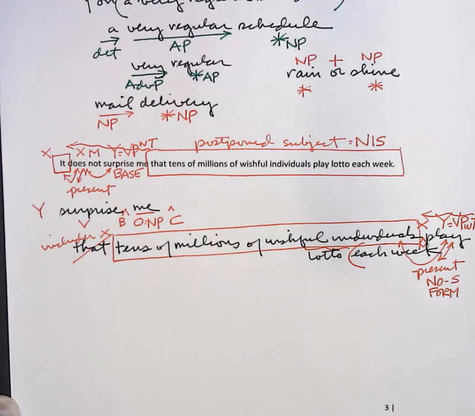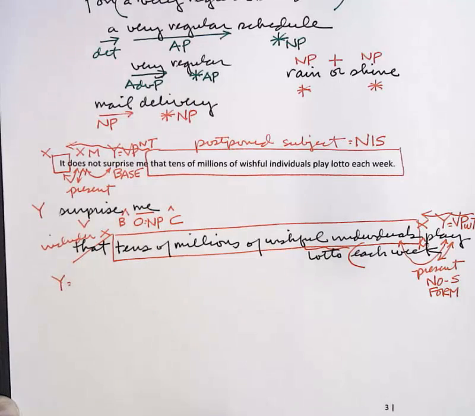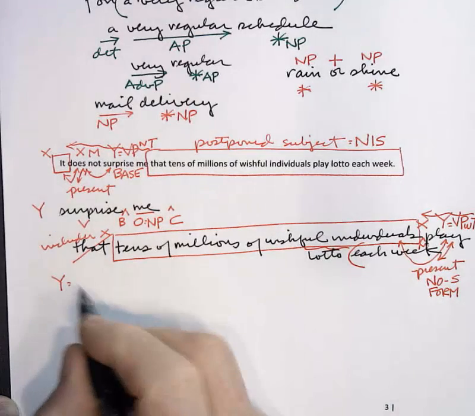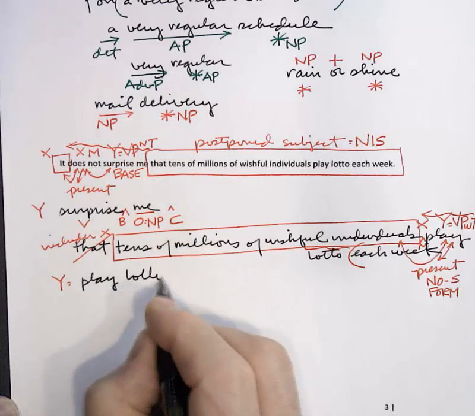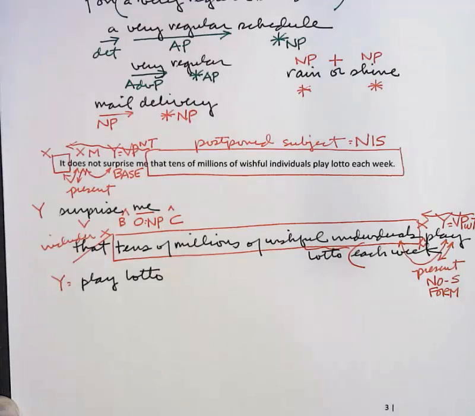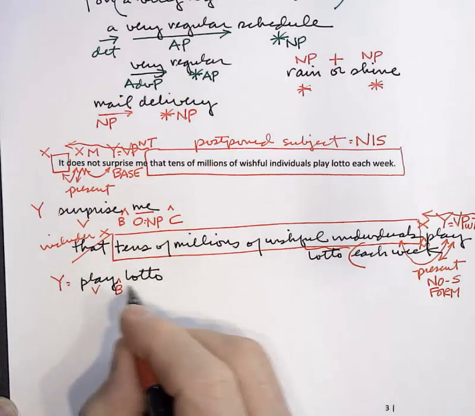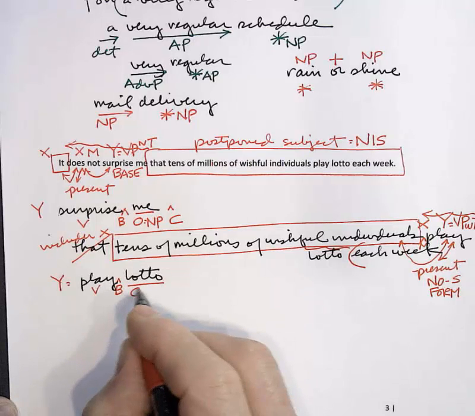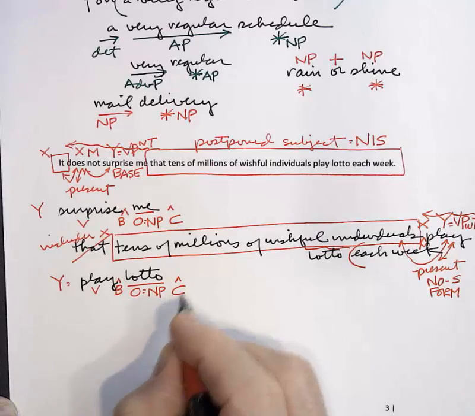Now let's take a look at our Y. I'll bring it over here. Play lotto, and play is the verb, no particle. Lotto is the object, noun phrase. Complement place is empty.